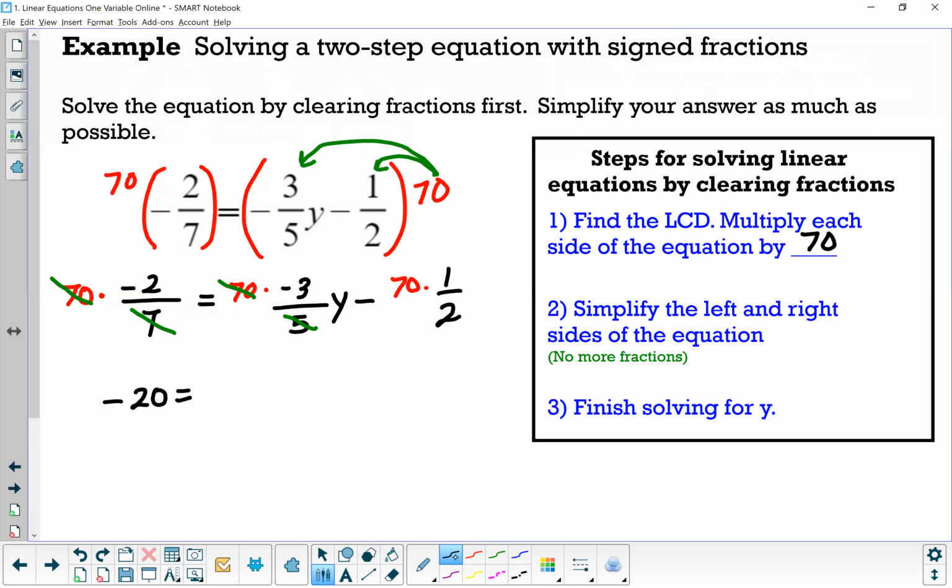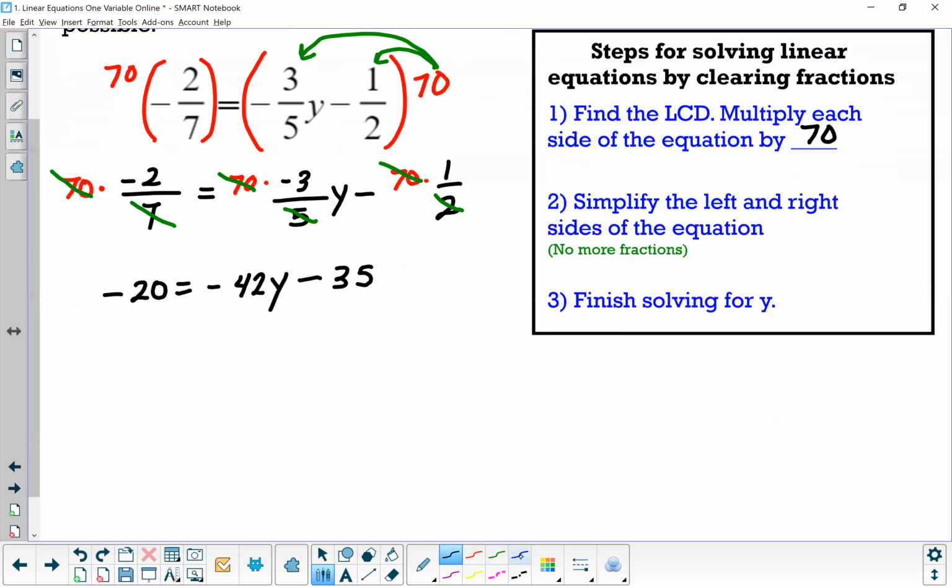And 14 times the negative 3, that's negative 42, and then the y. Minus 70 divided by 2, that gives us 35, and 35 times 1 is 35. Hence, no more fractions.